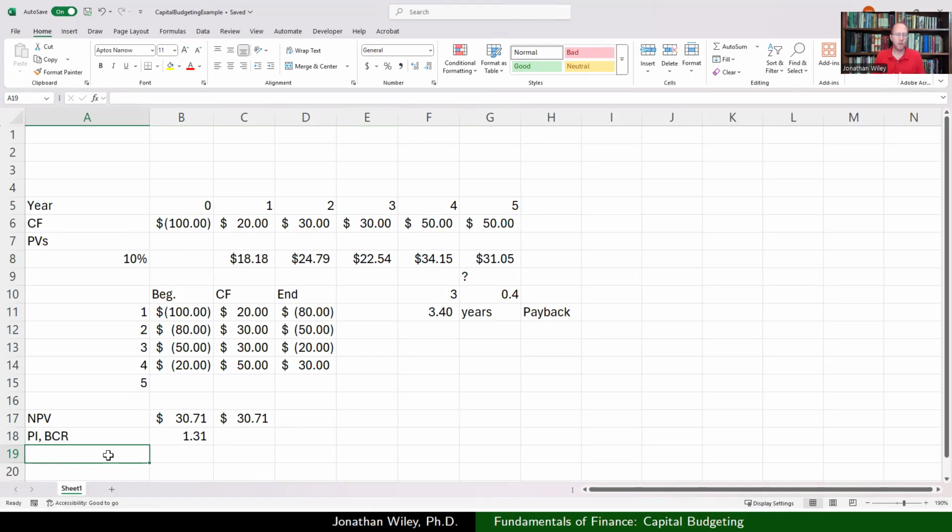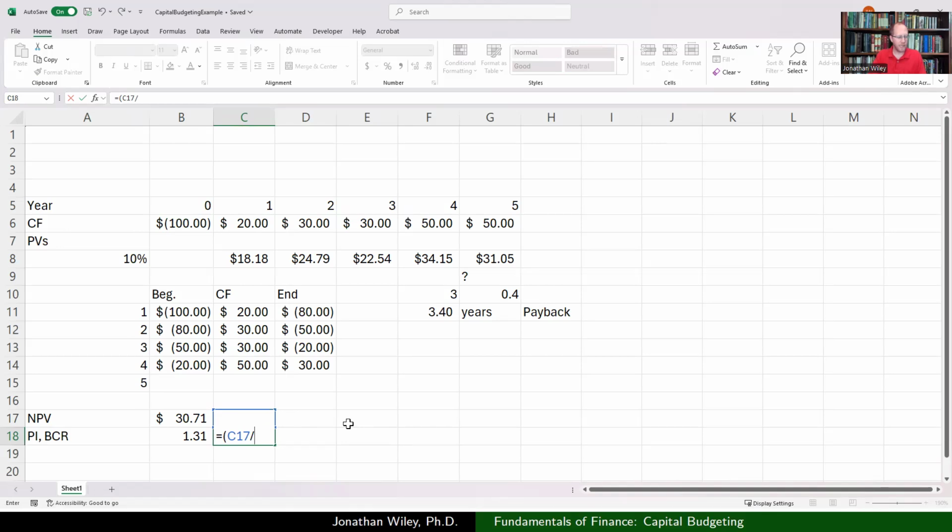But if I only have normal cash flows, which is pretty typical, where I have an initial outlay at time 0 and then only positive cash flows after that, I can also calculate the profitability index or benefit cost ratio by calculating the net present value. I take the net present value, which I calculated up here, divide it by the absolute value of the initial outlay, which there's a function for in Excel, ABS, and then I add 1 to it.